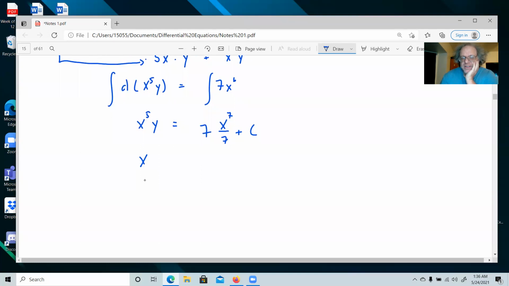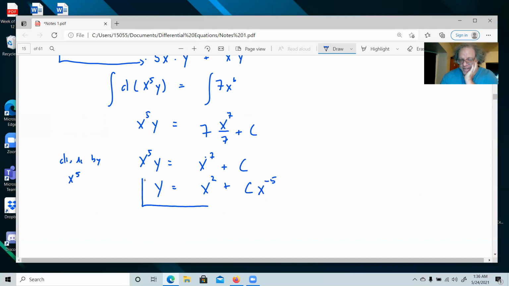So we have x to the 5th y is equal to x to the 7th plus c, and then to finish this off, we'll divide by x to the 5th here. So we have y is equal to x squared, right? 7 minus 5, okay, plus c x to the negative 5th. That's my answer to that equation.